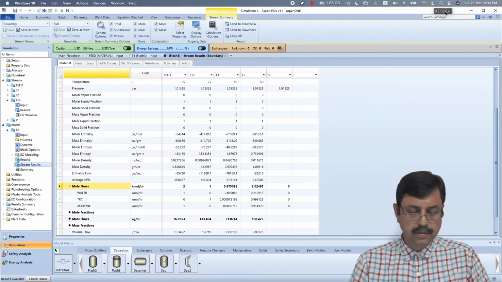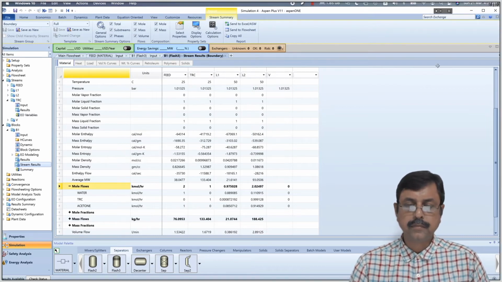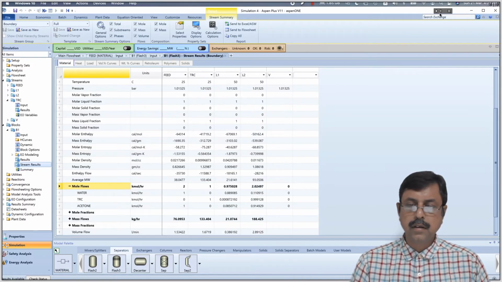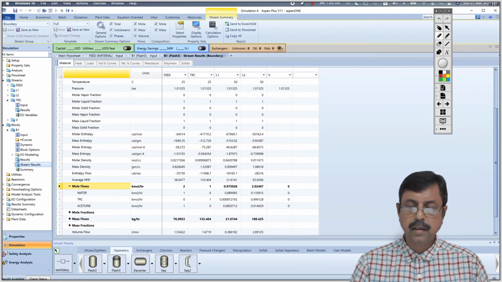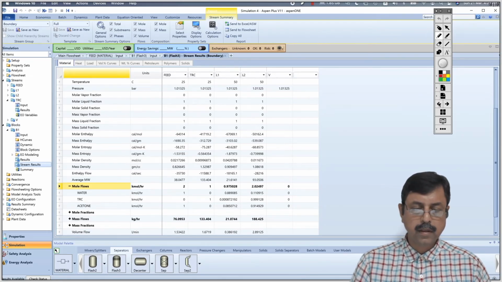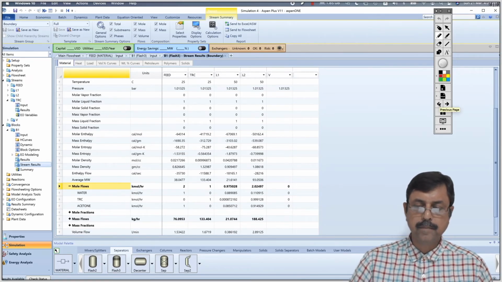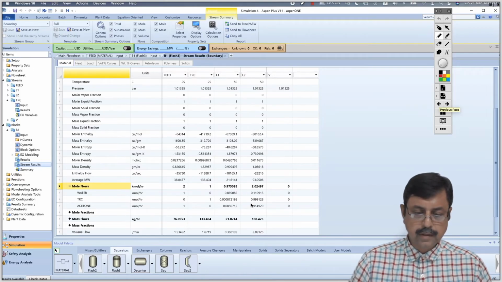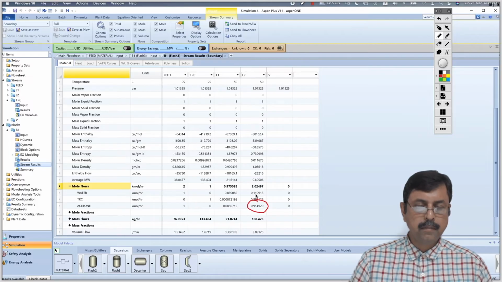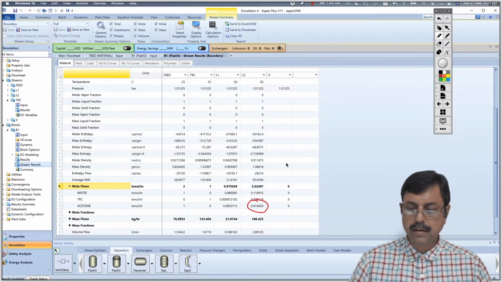So let us check. So here it is, 91.49% recovery of acetone by using 50 degrees centigrade.